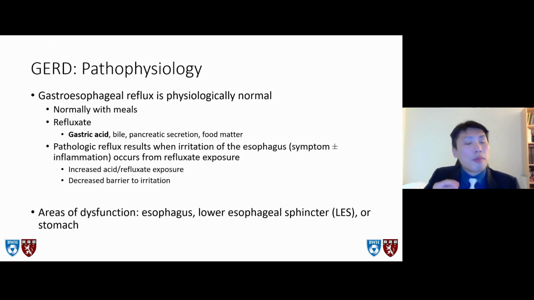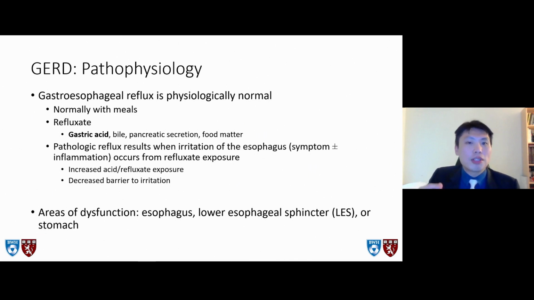In terms of the pathophysiology of GERD, the important thing to remember is that reflux is actually physiologically normal. Usually when we eat, there's some level of reflux that might happen. Most commonly we think about gastric acid, but bile, pancreatic secretions, or food matter can also come back up sometimes, especially around mealtime.